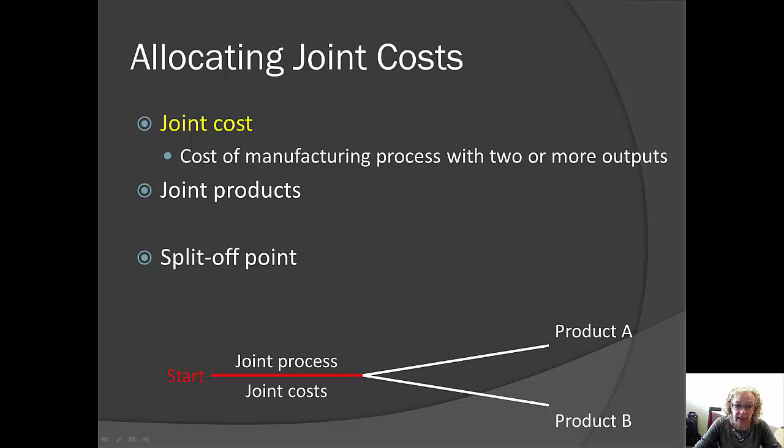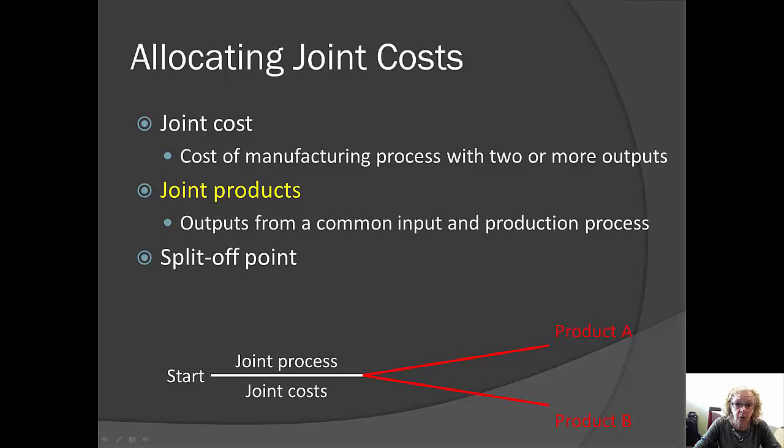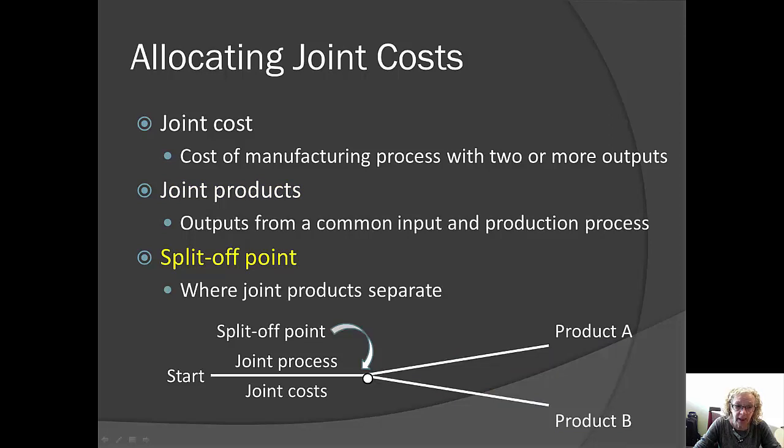Here's a joint process that has joint costs and ultimately results in two products. Those products are called joint products. And the place where they separate is called the split-off point.